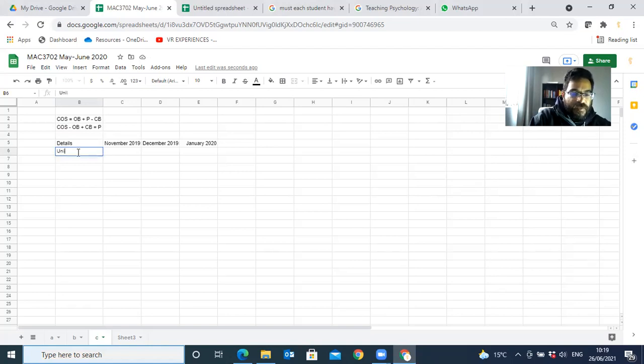So units sold, less opening inventory units, add closing units. And that will give me my production units. Okay, so that's basically what we're going to fill in.